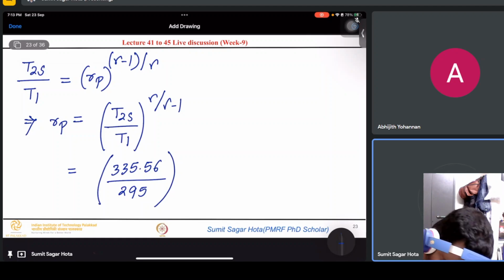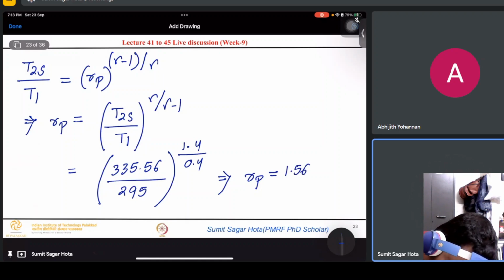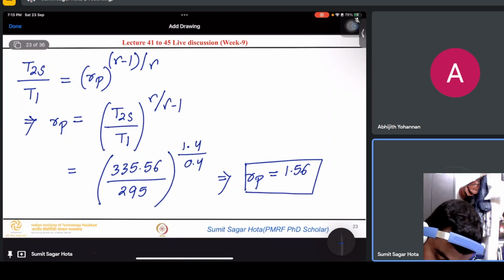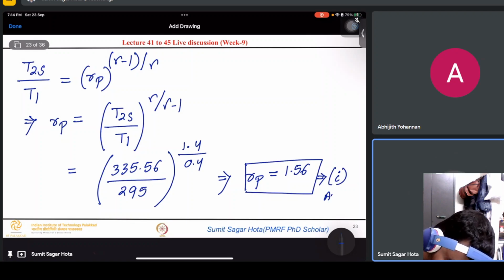And what is gamma for air? 1.4. If you solve it, you get Rp as 1.56. Okay, this is the first bit answer.